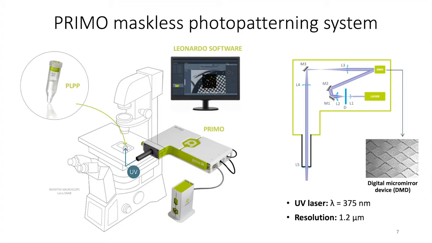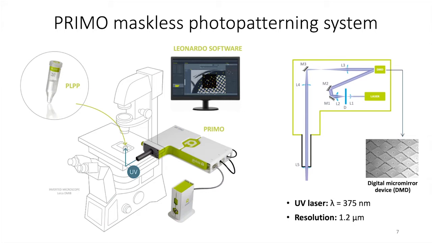In this setup, a UV laser is projected onto a substrate through the objective of an inverted microscope. A schematic of the setup can be seen at left, and a schematic of the light path inside the PRIMO module showing a digital micromirror array defining the pixels of the pattern to be projected can be seen at right. The system is controlled by dedicated software called Leonardo, which displays a preview of the digital pattern on the substrate, allowing for alignment of the micropattern to the substrate in real time.